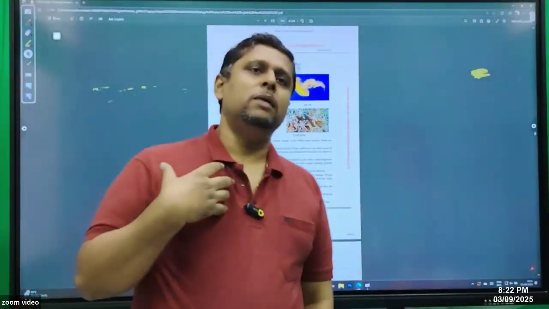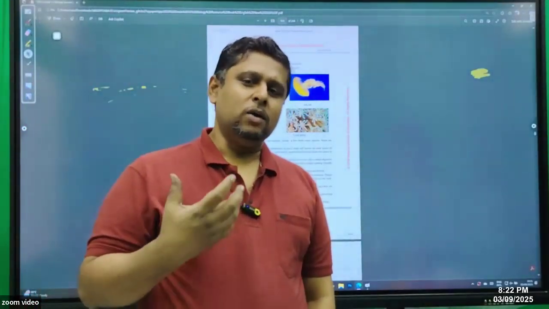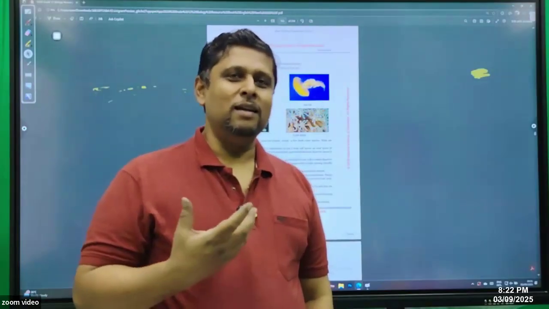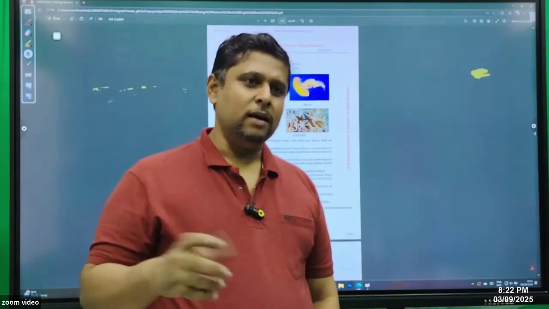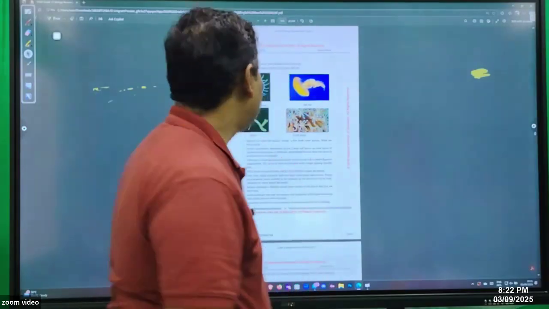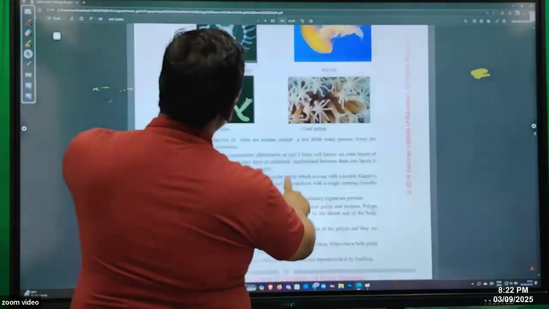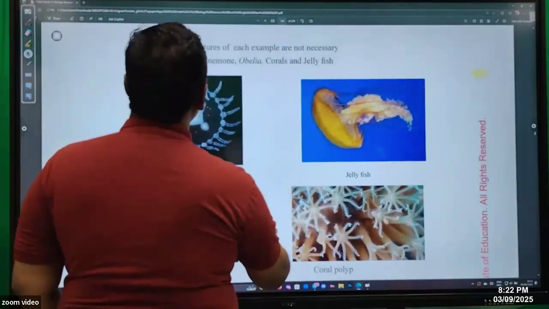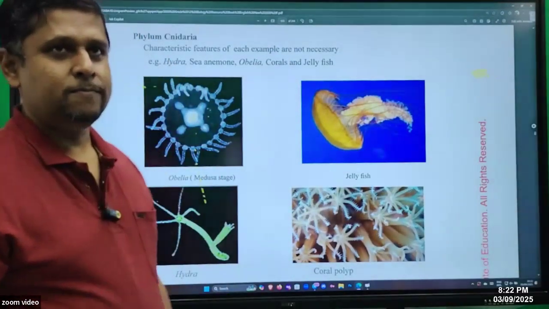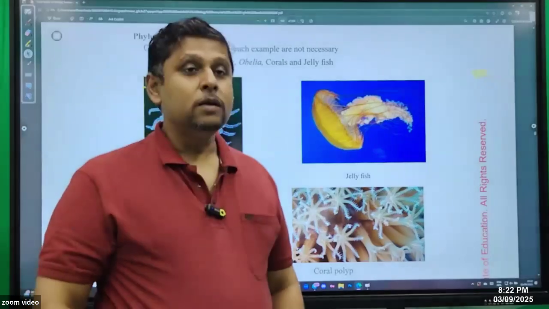You learn about the animal classification. I talked about how we classify animals, so we don't have to go through that. We'll quickly check each phylum and its features.